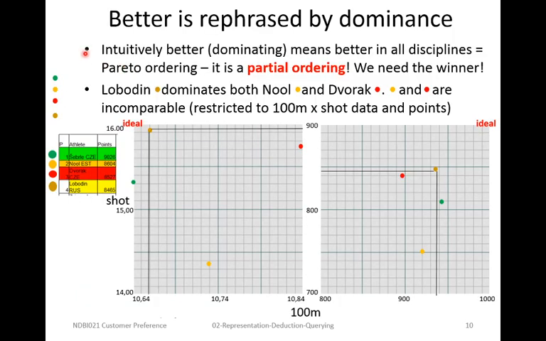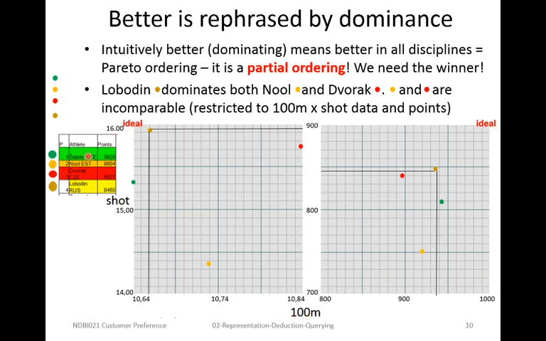Okay, so we can now start in the direction of our approach, and what we can see is something like a data cube. We will call it a data cube, where, for instance, we can depict only 2 dimensions because we are on paper. So we take the results for the 100-meter and for the shot.